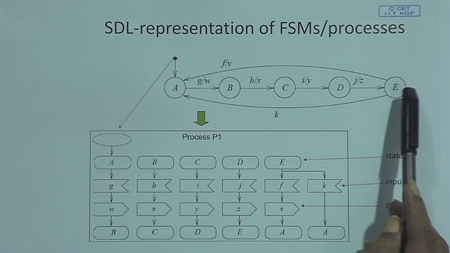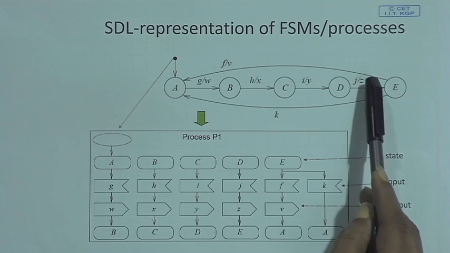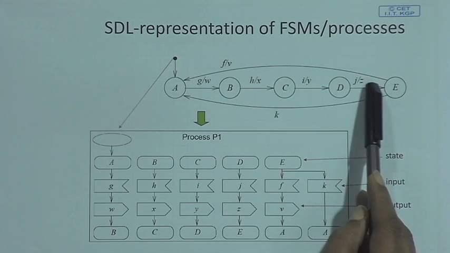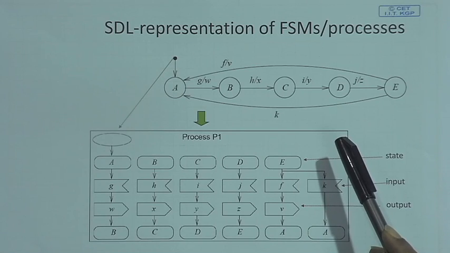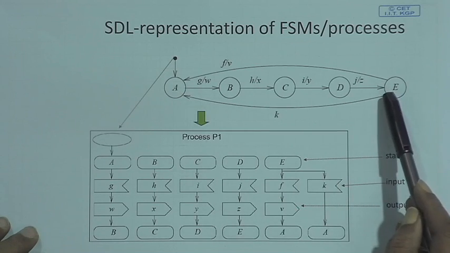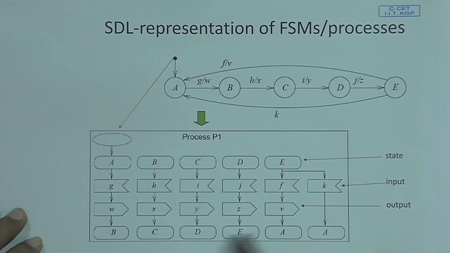And here from E, on event F, we come back to A with output V, and from E we come to K. So, this when translated into an SDL looks like this.